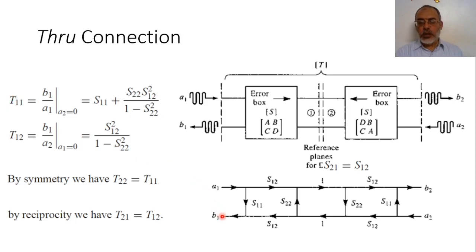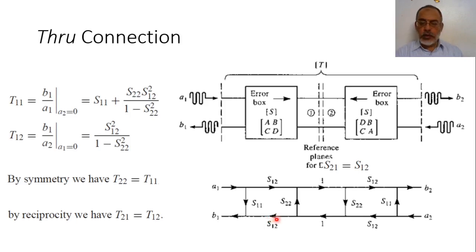T11 is the reflection, which is B1 over A1. In this case, we have at first a path from S11, which is S11 of the error box, and another path going S12, S12 multiplied by 1 multiplied by S22 multiplied by S12.